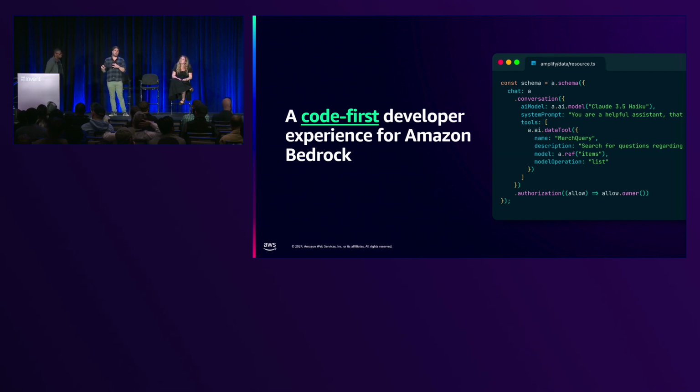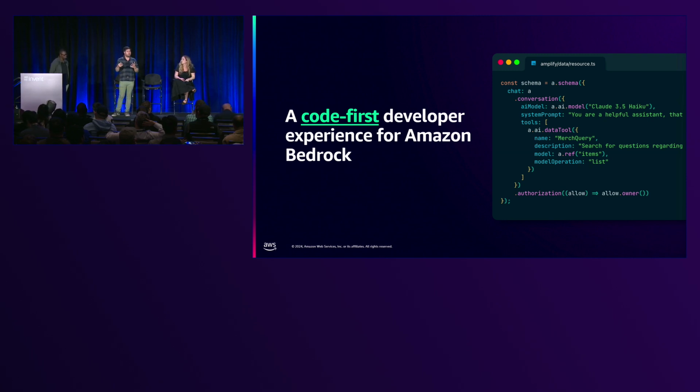And with that, we get the per developer sandboxes where you can be making changes and developing locally and getting those updates in your cloud developer sandbox and actually interacting with real cloud resources, an actual AppSync API, actual Lambdas, and Bedrock. And when you're ready to deploy, you push a branch and Amplify will deploy both the backend and front end at the same time.